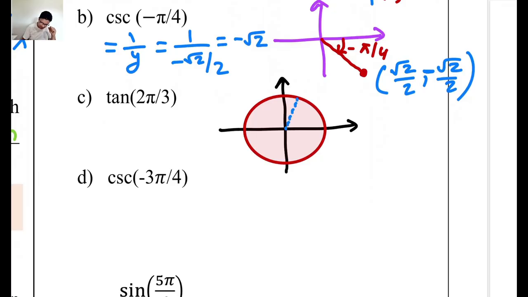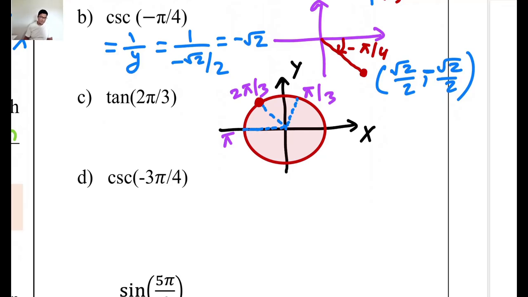First 60 degree here, second 60 degree here, the third 60 degree would be the negative x-axis. That 60 degree is pi over 3, which means this one is your 2 pi over 3. 3 pi over 3 will be, of course, the negative x-axis or angle pi. So that's the point we are now talking about: tan 2 pi over 3.